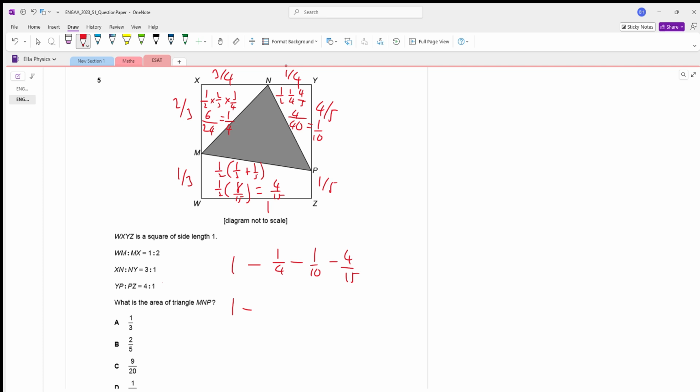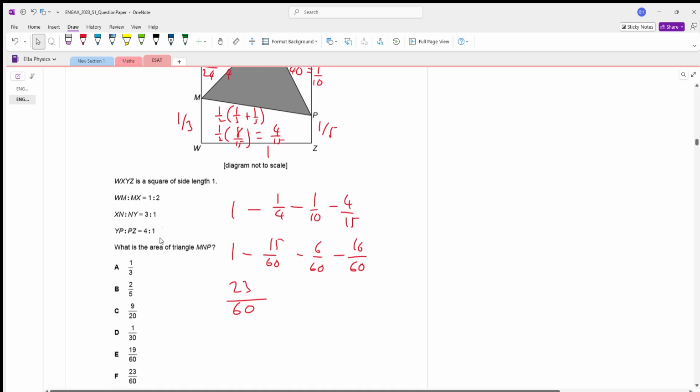That's 1 take away, over 60, so 15 over 60 minus 6 over 60 minus 16 over 60, so that's 15, 31, 37, leaving 23 over 60. That's prime as well, so yes, good.